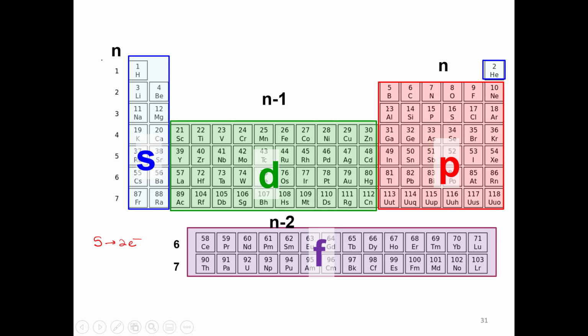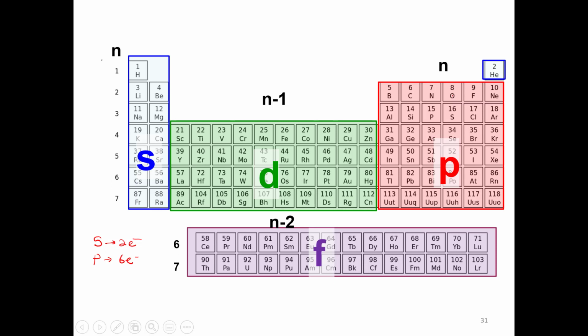Now let's go to the P group. For the P group, remember the maximum number of electrons it can hold is 6 electrons. And you count here 1, 2, 3, 4, 5, 6. Then if the element is here, for example oxygen, the last shell will be 2 because it's in this row, P because it's in this group, and we count how many electrons in P: 1, 2, 3, 4 electrons.